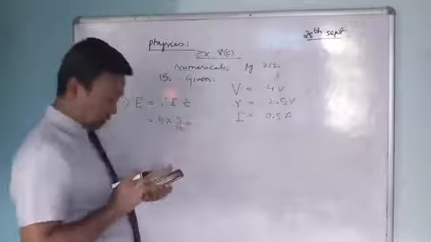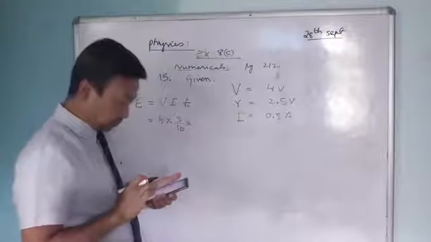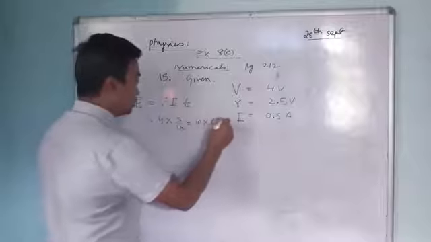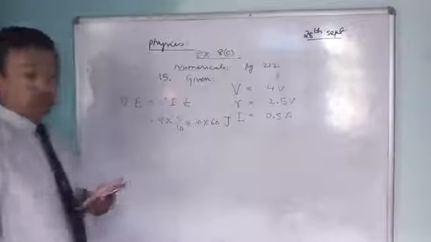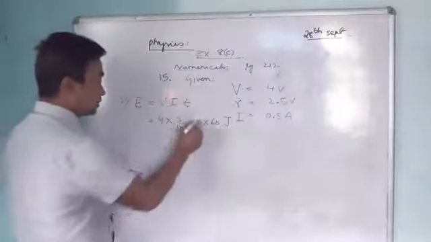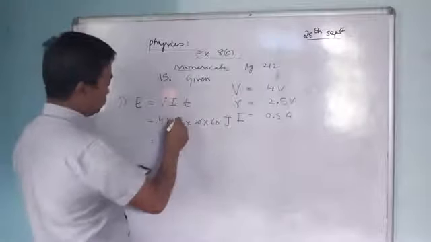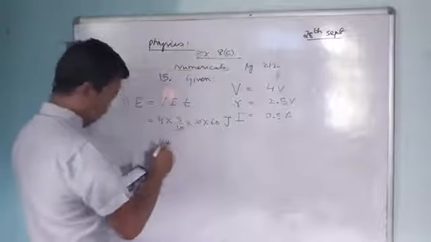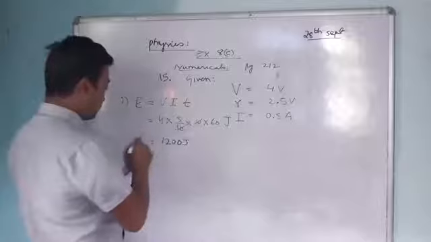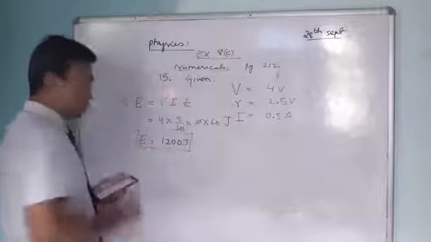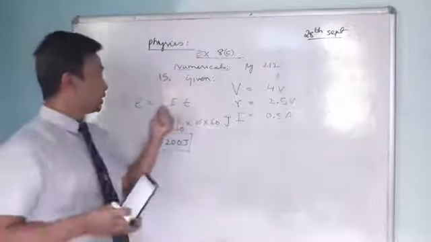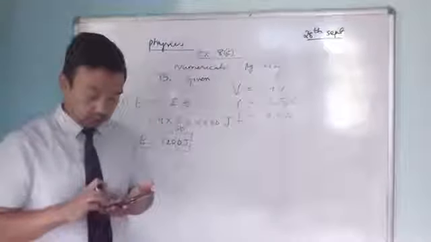The time is 10 minutes, so you have to change it into 60, that is, into seconds. After cancelling, 4 fives are 20, 1200 joule. So this will be your total energy. This potential difference you can take as the total potential difference.